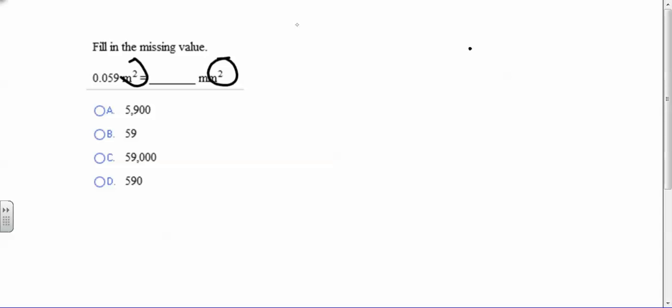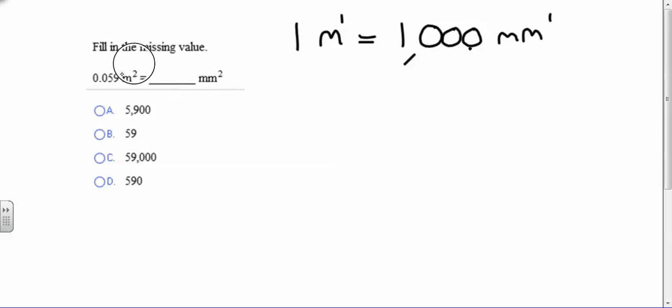So in this problem, we know if it was one-dimensional, that 1 meter is equal to 1,000 millimeters, using our metric conversions from section 8.1. But again, both of these units of measurement are to the first power. But in this problem, we have squared units.